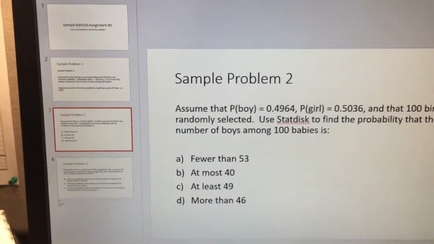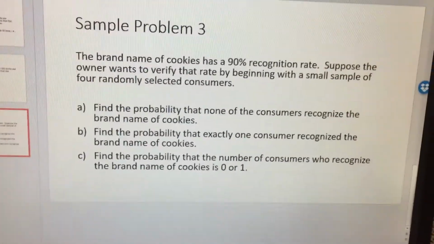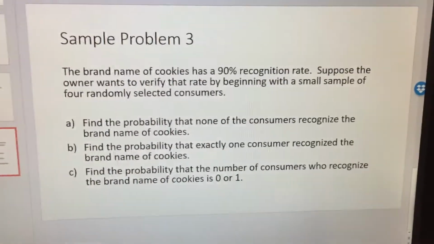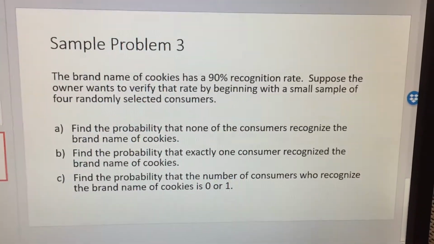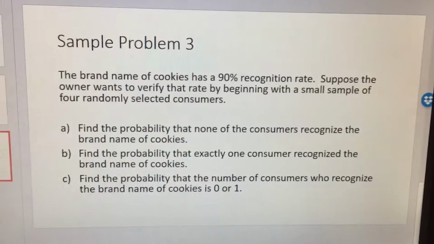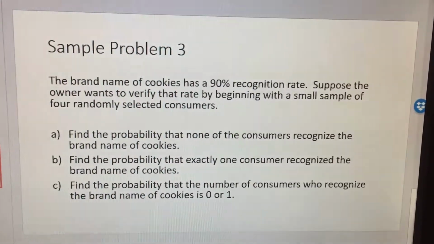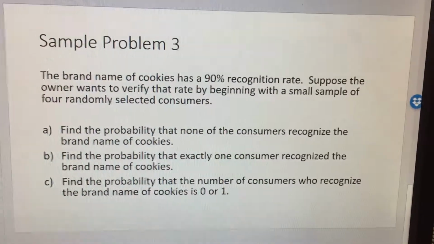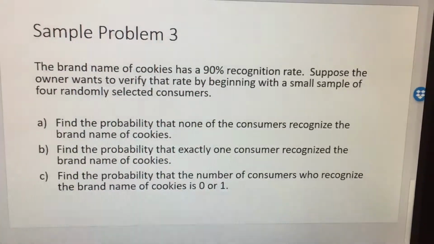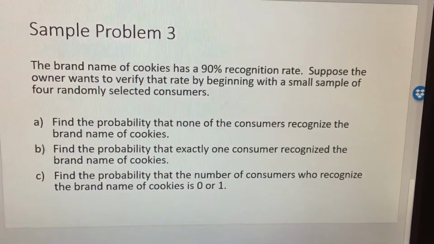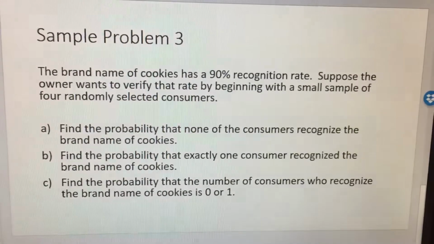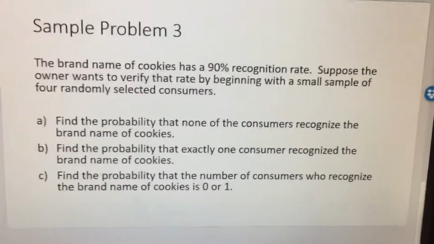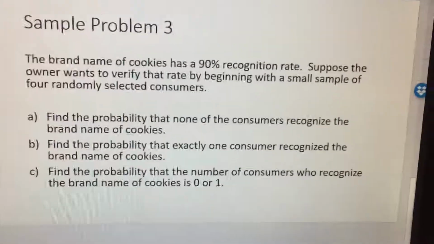And the last one is this. The brand name of cookies has a 90% recognition rate. Suppose the owner wants to verify that rate by beginning with a small sample of 4 randomly selected consumers. And here you want to find the probability that none of the consumers recognize the brand name of cookies.